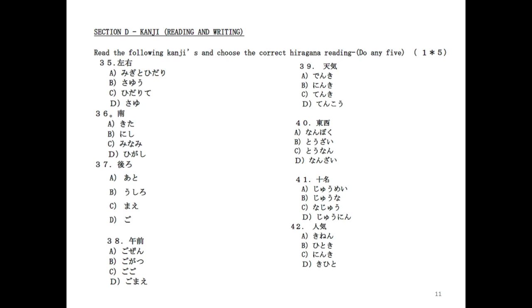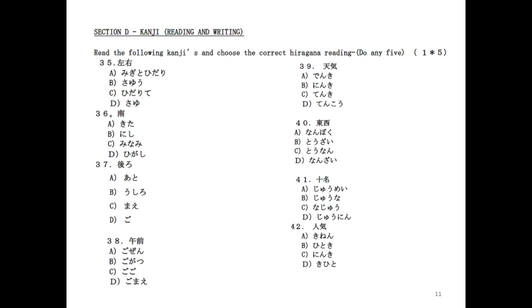Okay, so now we come to section D, which is testing your kanji. Question number 35. The correct answer is Saiyu, which is option B. 36 is Minami, which is option B. 36 is option C, I'm sorry.